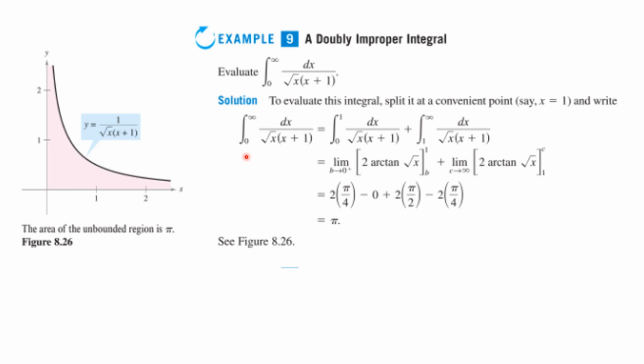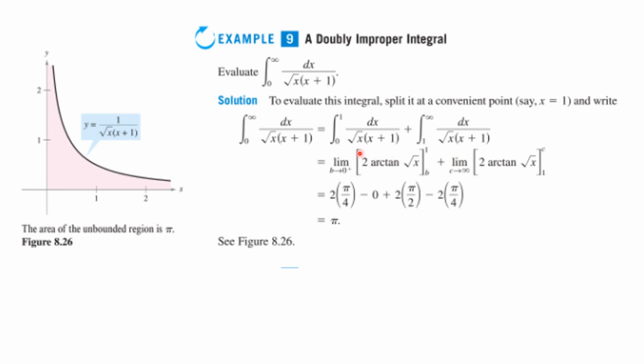Now that means this integral from 0 to infinity is going to be the same as the integral from 0 to 1, which in itself is going to be an improper integral, plus the integral from 1 to infinity, which also is an improper integral. And so what happens here is, you have to have kind of a clever substitution that you use here. I'm not going to show you all the details, but make sure you work through the details.